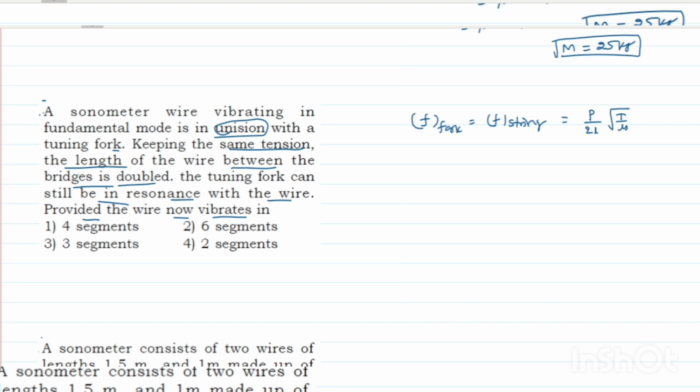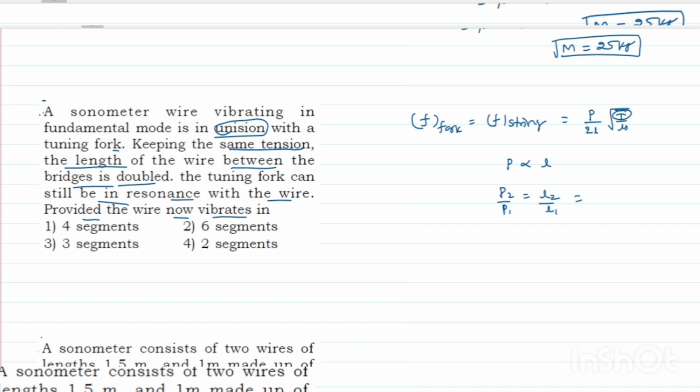So keeping the same tension, the length of the wire between the bridges, the tension will be the same, it's given. Here p is directly proportional to the length of the string. So p2 by p1 equals l2 by l1.